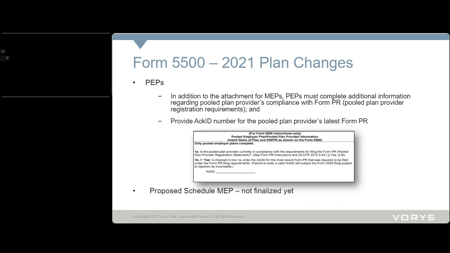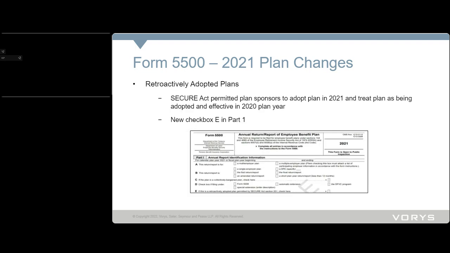Additionally, PEPs have an additional requirement. They must acknowledge that they believe that they have met their registration obligations, and so there's a new section for PEPs to fill out as well. The SECURE Act also permitted plan sponsors to adopt a plan in 2021 and to treat it as being adopted in a prior year.